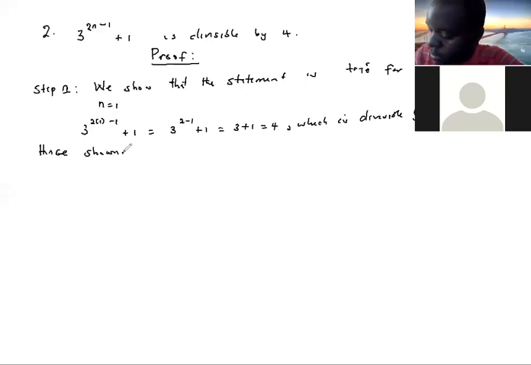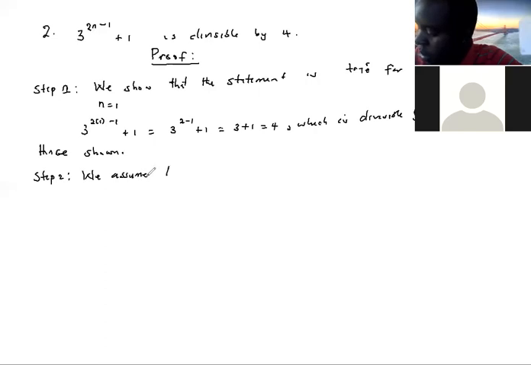Then we go to step 2. So step 2, we have an assumption here. We assume that the statement is true for n is equal to k.